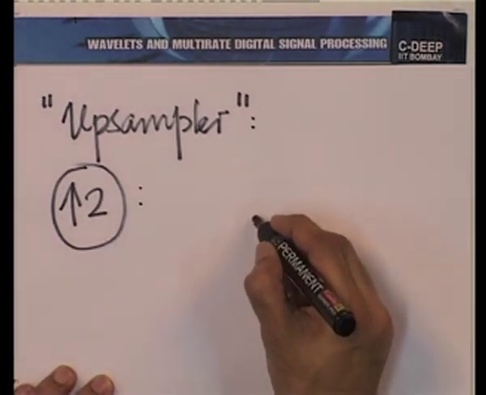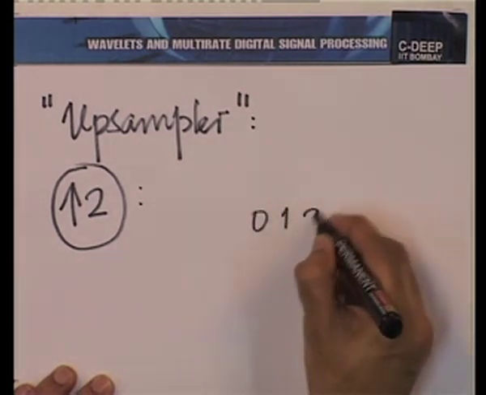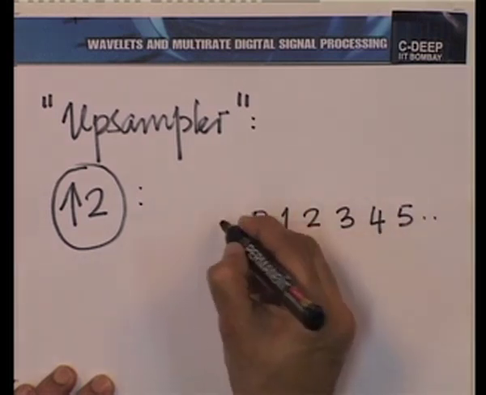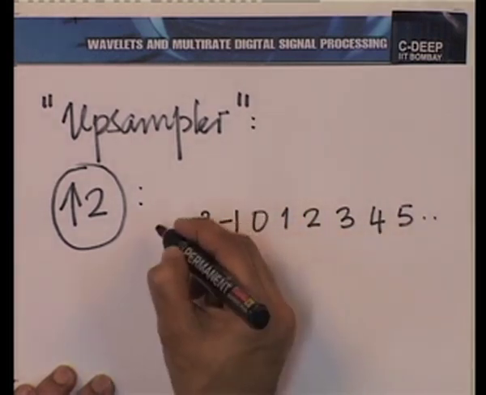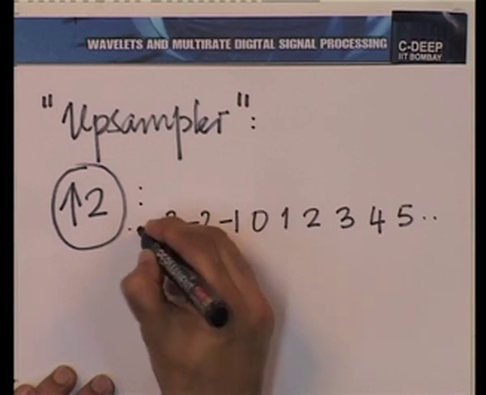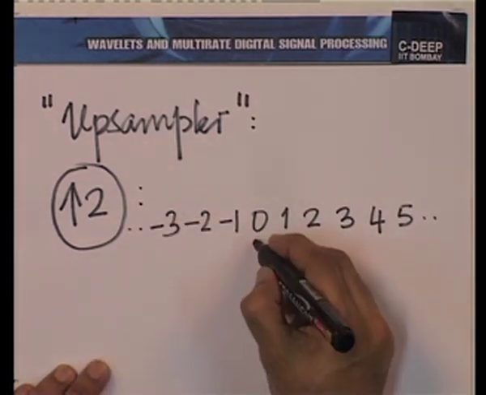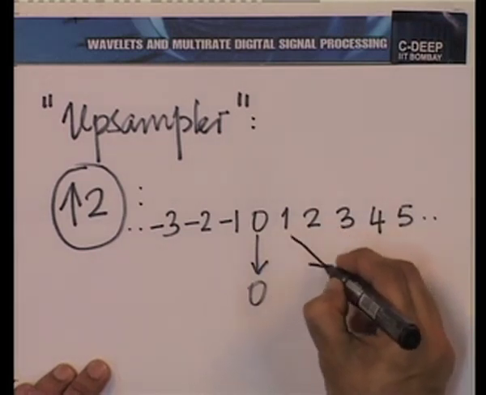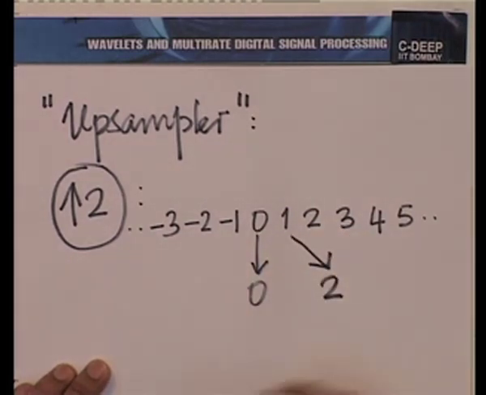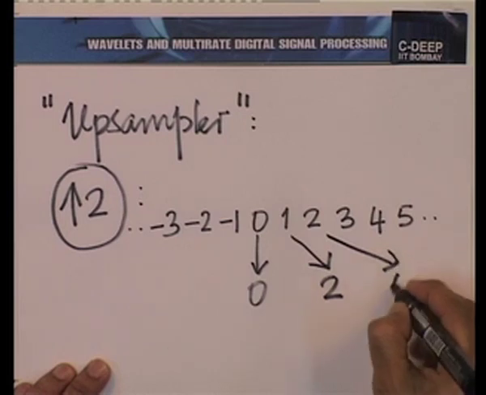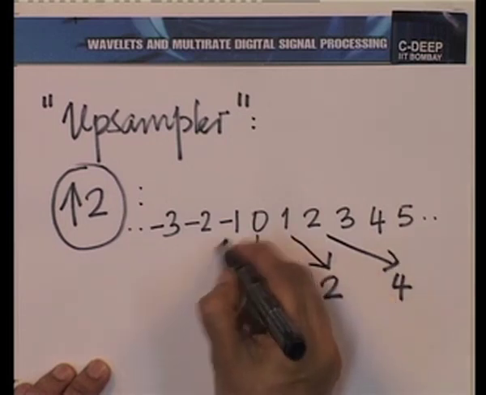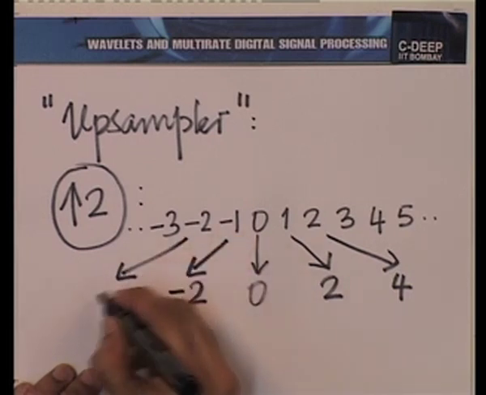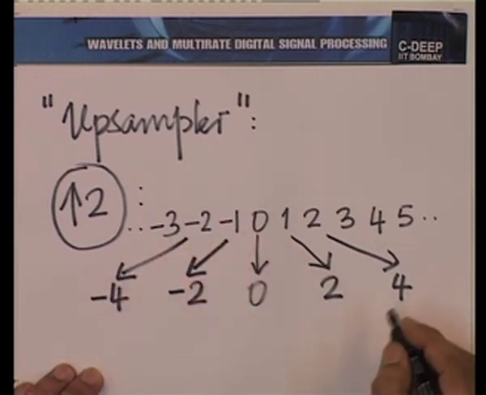If you have a sequence indexed by 0, 1, 2, 3, 4, 5 and so on and so forth, and of course, to continue -1, -2, -3 and so on and so forth on this side, the 0 sample goes where it is to 0, the 1 sample goes to 2, the 2 sample goes to 4, the -1 sample goes to -2, the -2 to -4 and so on and so forth.